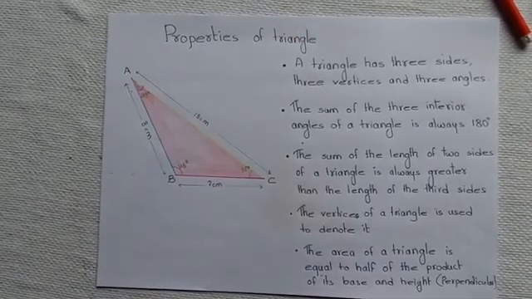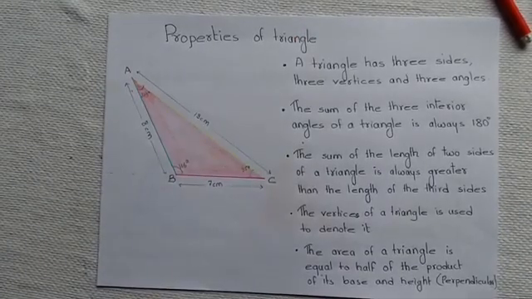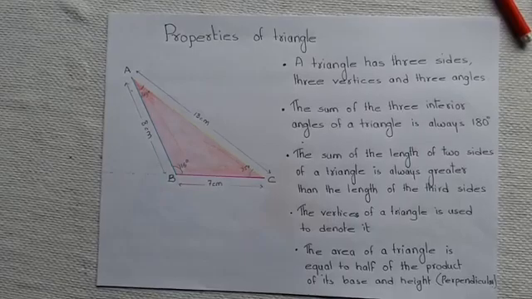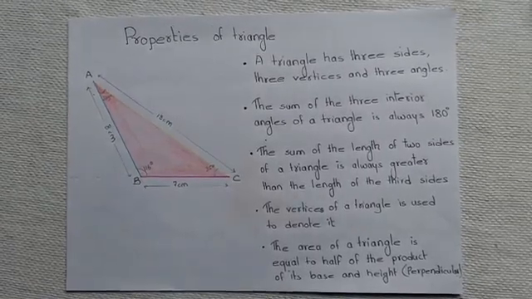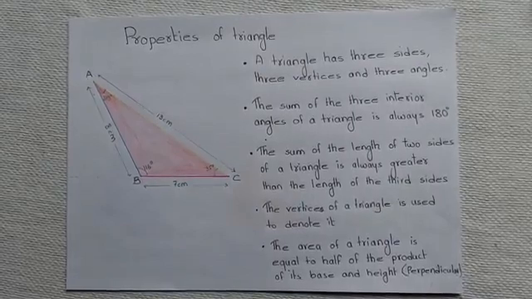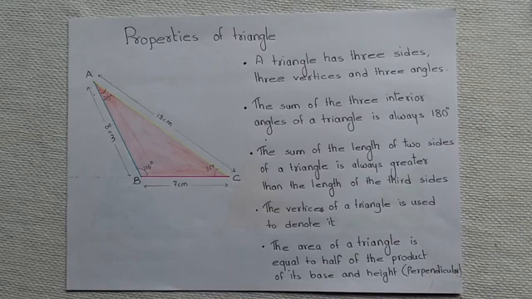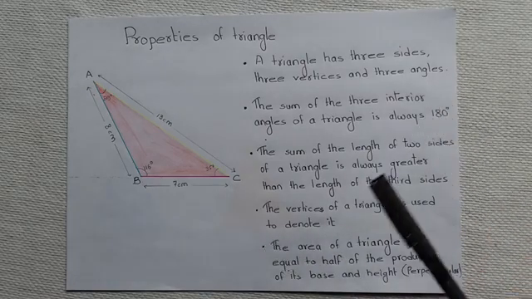Here take a look at the properties of triangle. These properties of triangle are applicable to all forms of triangles. So the first property of the triangle is a triangle has three sides, three vertices, and three angles. As you can see, a triangle has three sides.